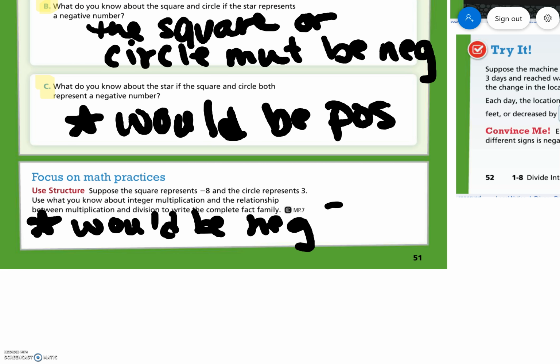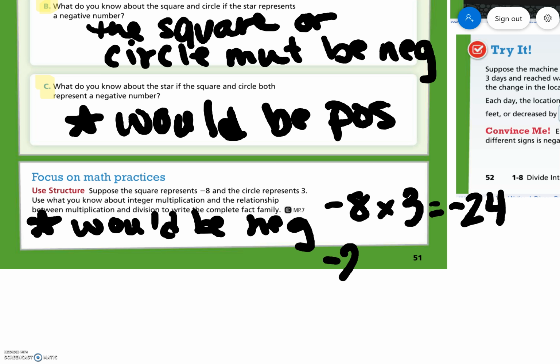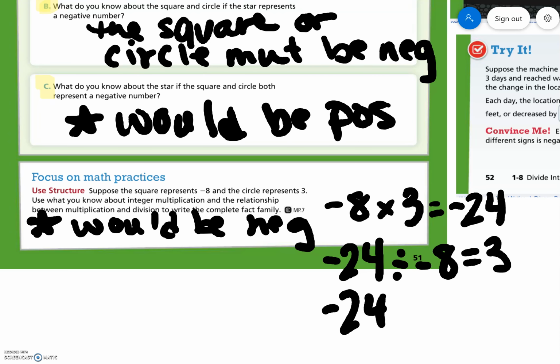So it would be -8 times 3 equals -24. But we can flip it around and say -24 divided by -8 equals 3, or -24 divided by +3 equals -8.